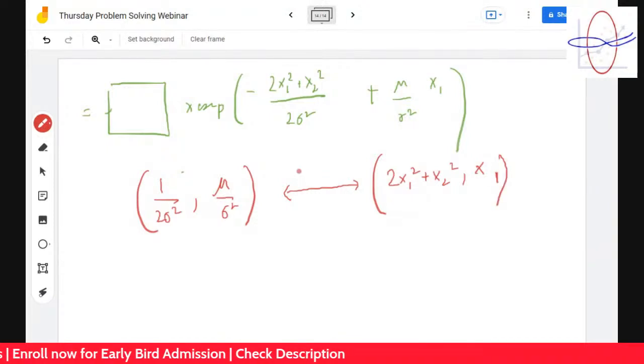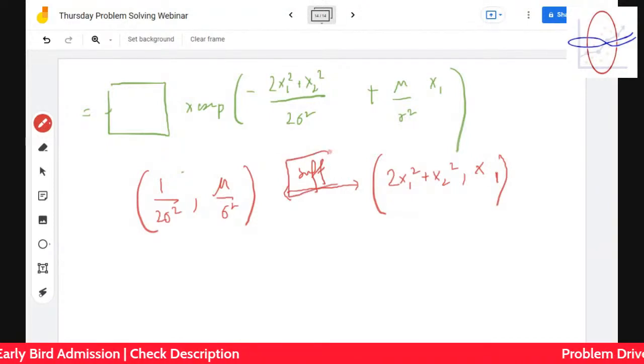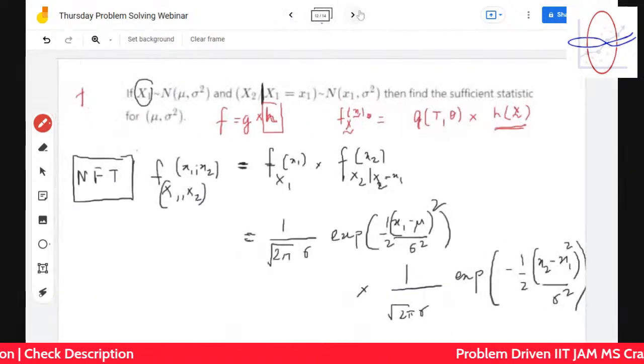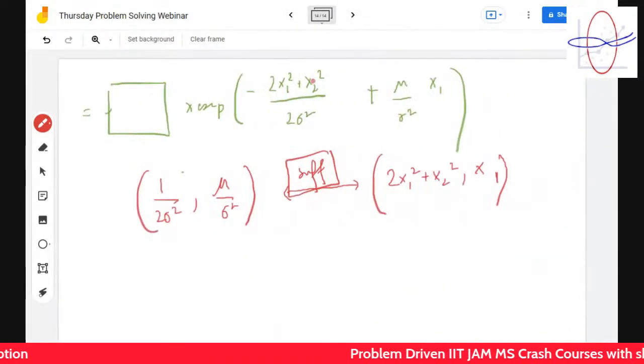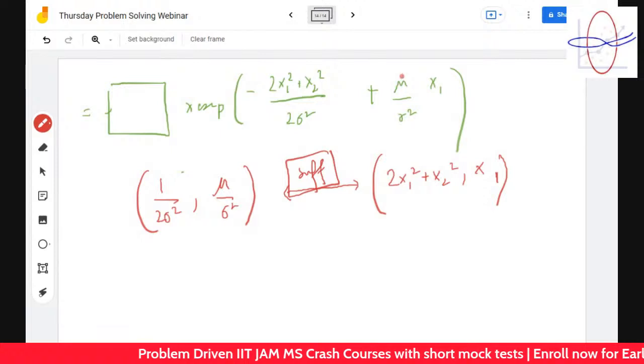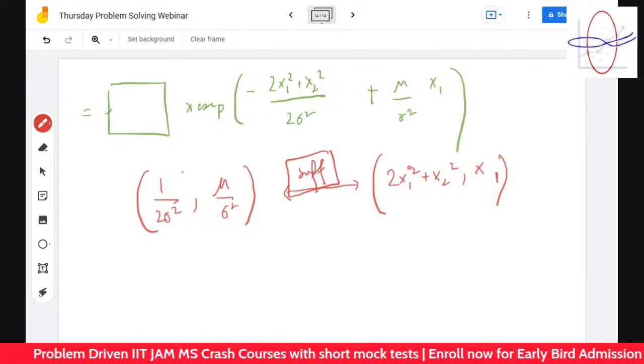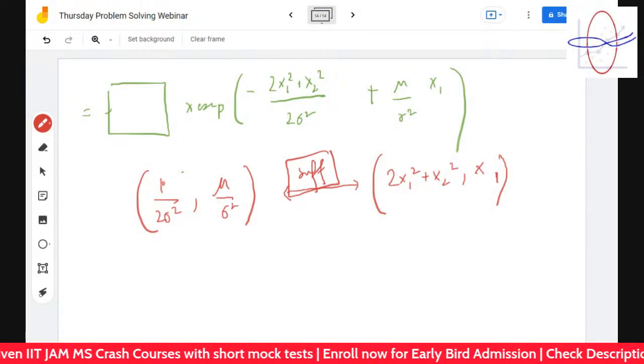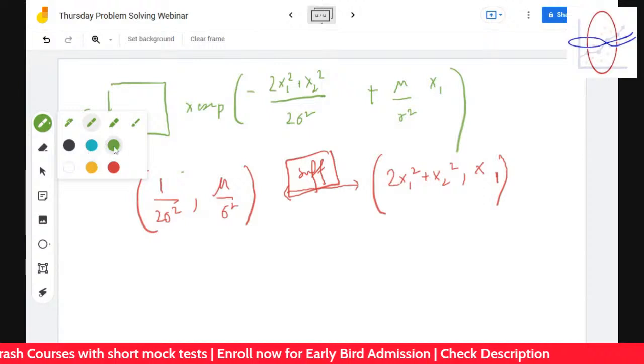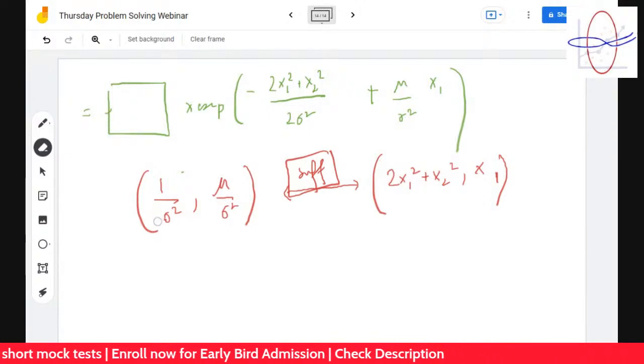This is a sufficient statistics for this, right? Because it's a function of these 2. You can also write it as 2, just sigma square.